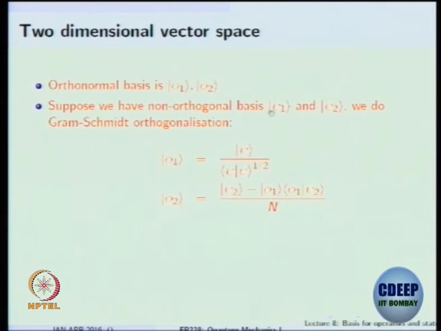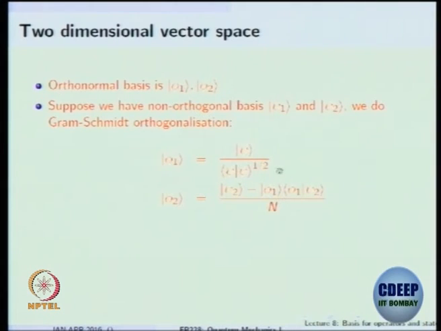Okay. So, this is what I went through just now, that you have phi 1 phi 2 which is an orthonormal basis and psi 1 psi 2 which is non-orthogonal, and you can do a Gram-Schmidt orthogonalization.